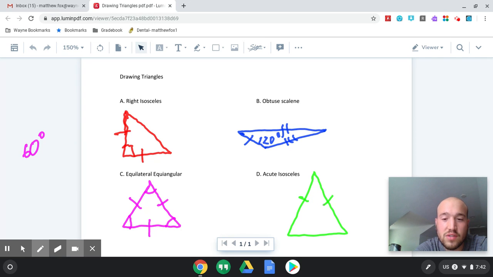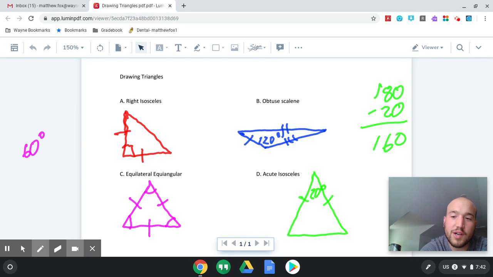To show that each angle is acute, you can go based on looks, and they do all appear to be acute. We can also fill in our numbers if we want. If I put 20 degrees here, then for each of these to be acute, we can do 180 minus 20, and we have 160 left.